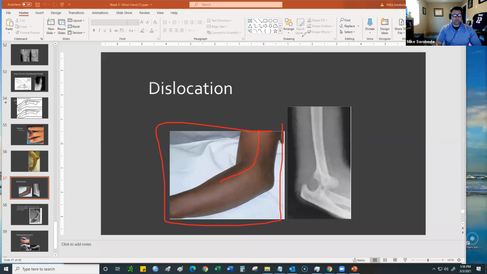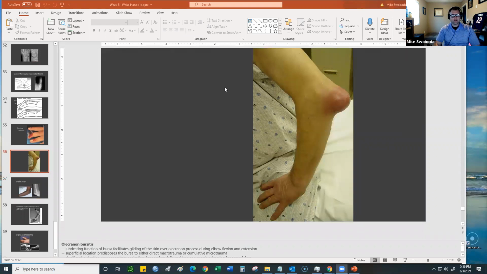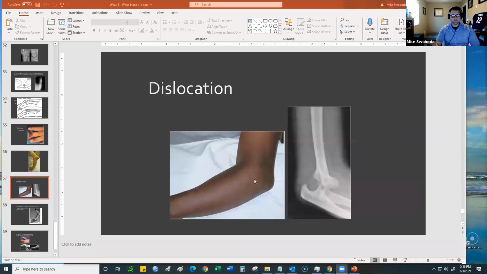Probably not. So when you dislocate an elbow, this is going to be terrible pain. If any of you have ever done that, I hope you haven't. But the amount of deformity is barely there. I think we would all agree that this looks a lot worse than this does.